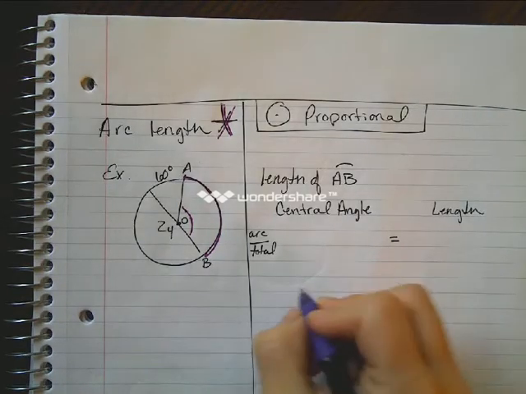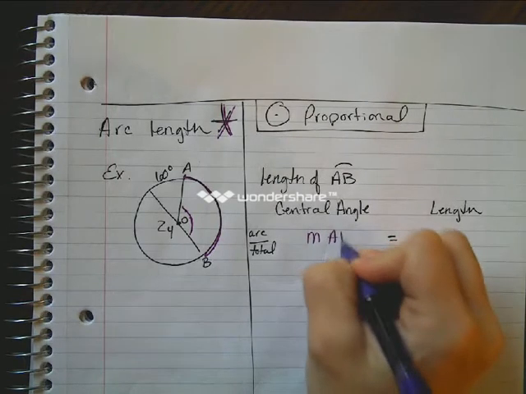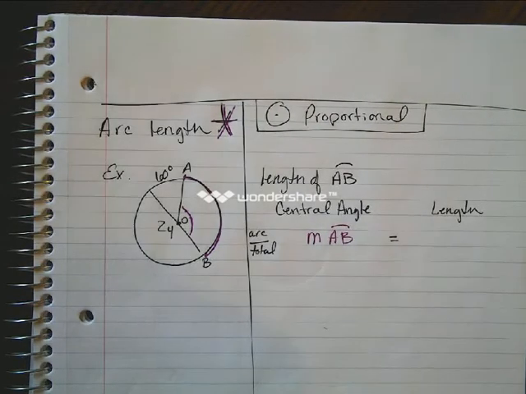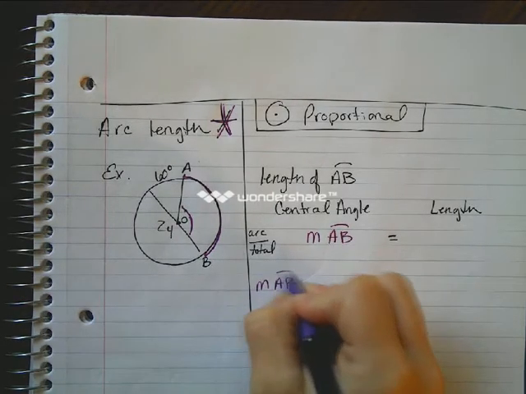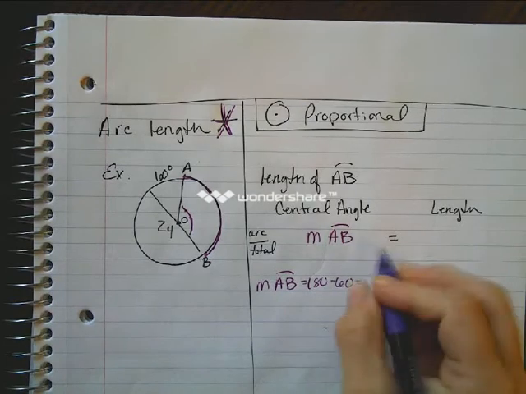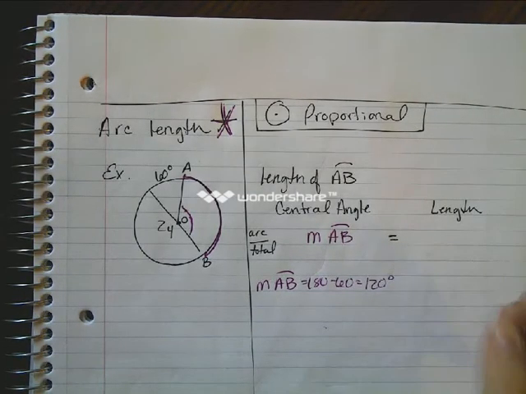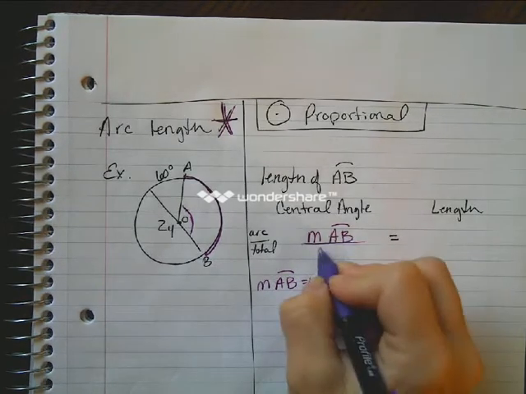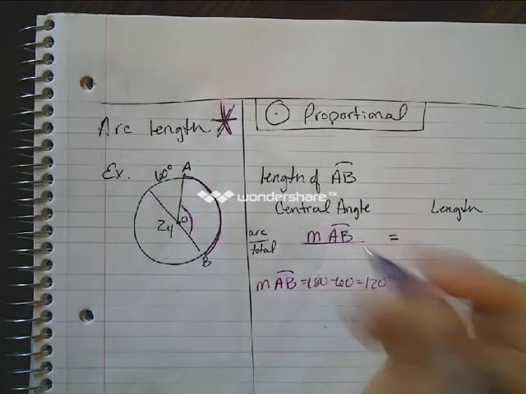Now I'm going to do length. On the top would be just the length of the arc, and on the bottom we would have the length all the way around the circle. We have a word for that. It's called circumference. That is the formula for circumference. So this right here is your formula for every single one of these problems. The angle ratio is equal to the length ratio.